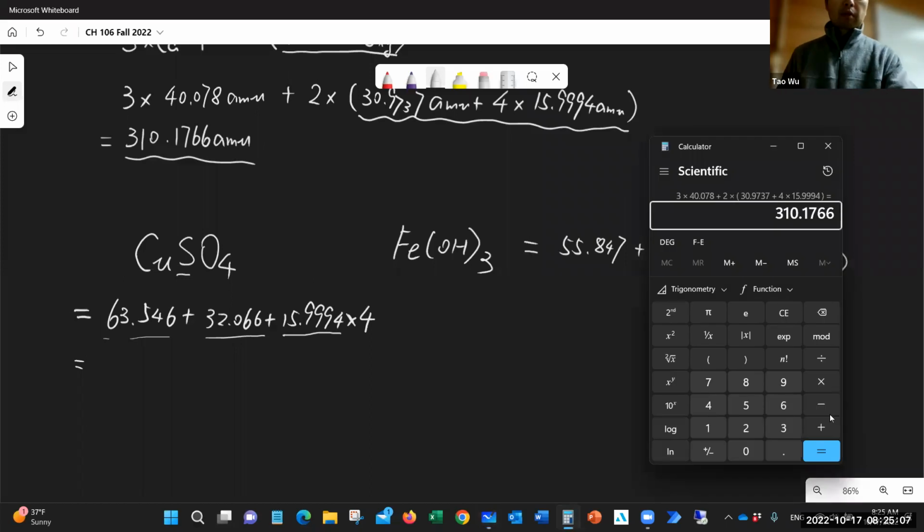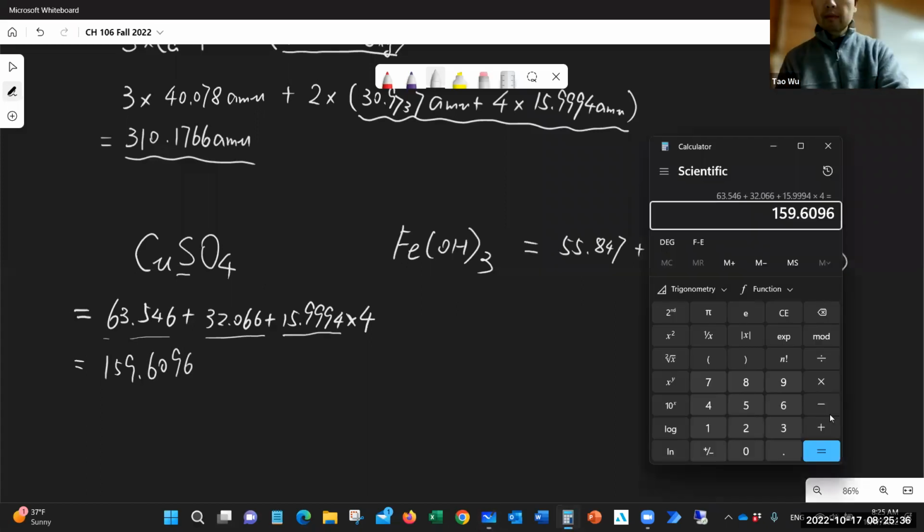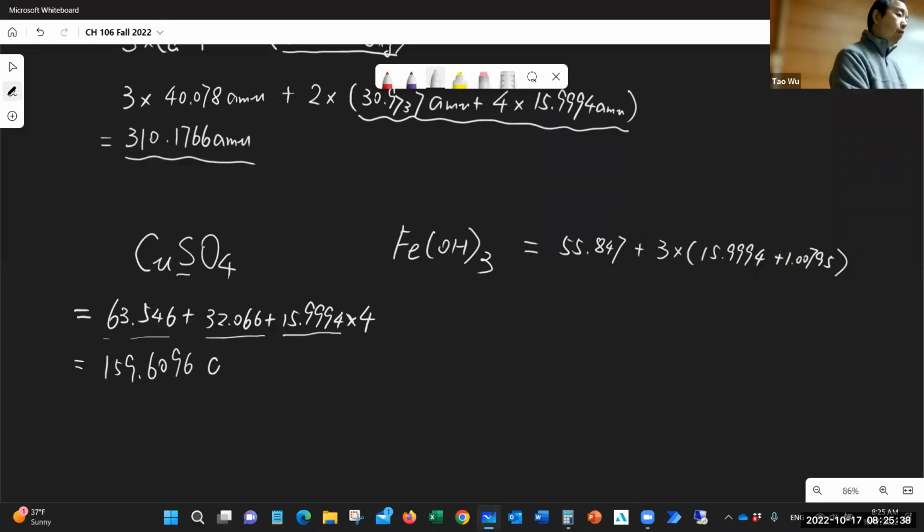That gives you the mass for the copper sulfate. 63.546 plus 32.066 plus 15.9994 times 4, and 159.6096. So that's going to be the formula mass for the copper 2 sulfate.